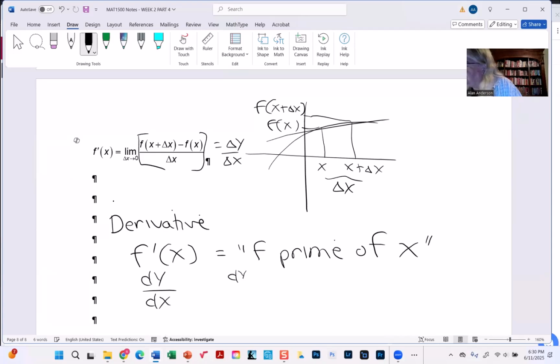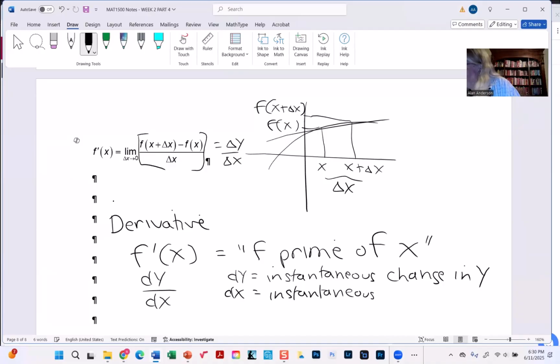Dy is an instantaneous change in y. And of course, that implies that dx must be an instantaneous change in x. And each of these individually is known as a differential. Okay, these are referred to as differentials.